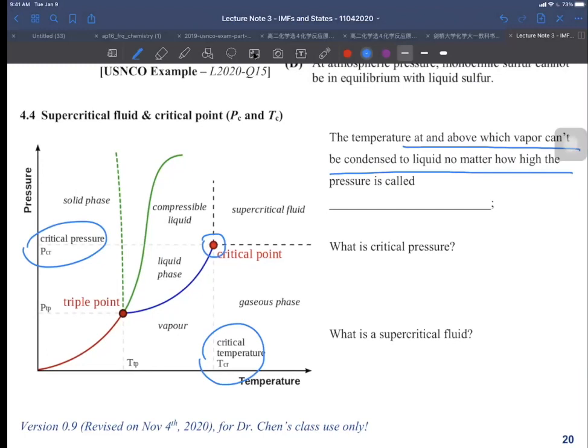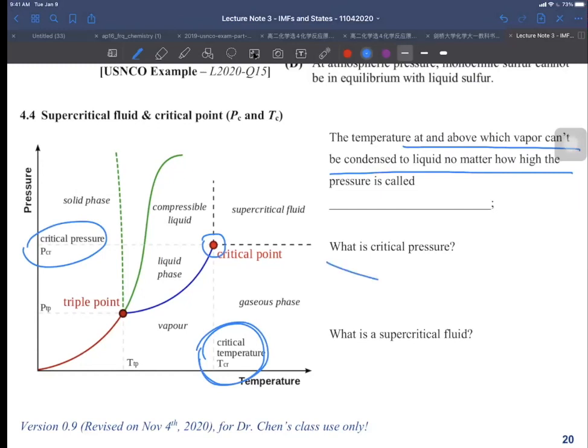So there is a minimum temperature. If you want to condense the vapor into liquid by increasing the pressure, and the temperature is higher than this value, no matter how you increase the pressure, you cannot condense the vapor. This is called the critical temperature.